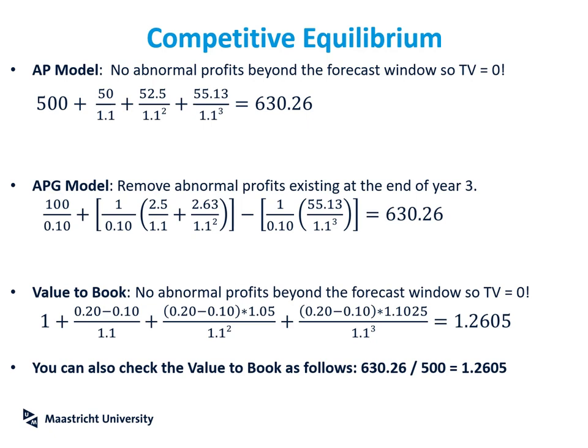So the return on equity in year 1 was 20%, the cost of equity was 10%, so the abnormal return on equity is 10%. And we need to discount that for 1 year. For year 2, we again have an abnormal return on equity of 10%. However, we have to take into account that this is now earned on a book value that has grown with 5% from year 0 to year 1.